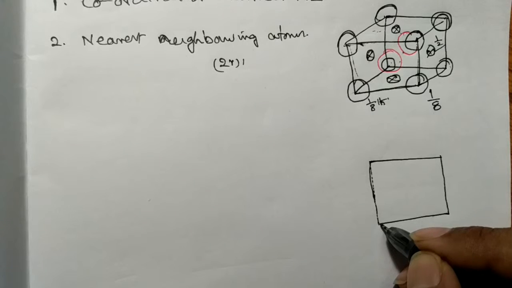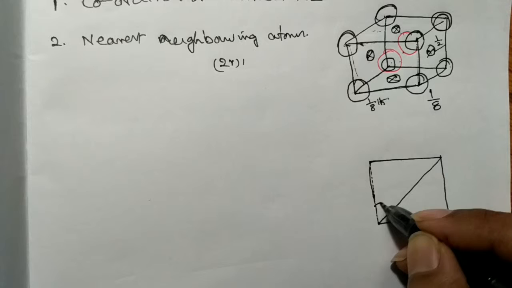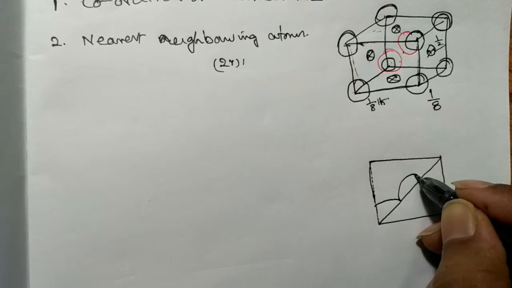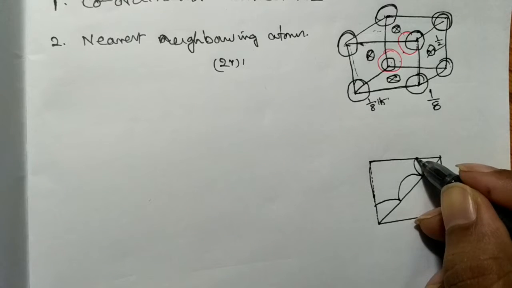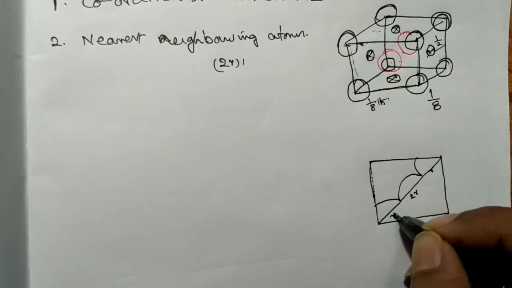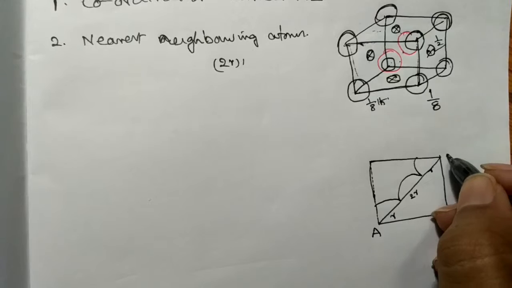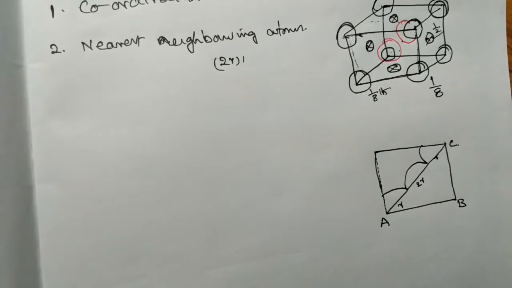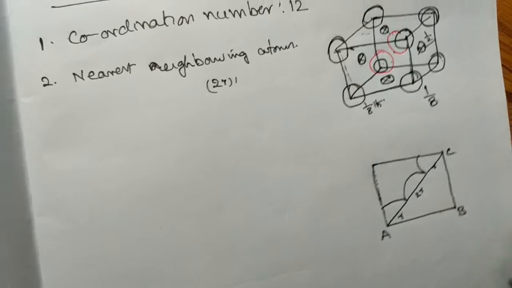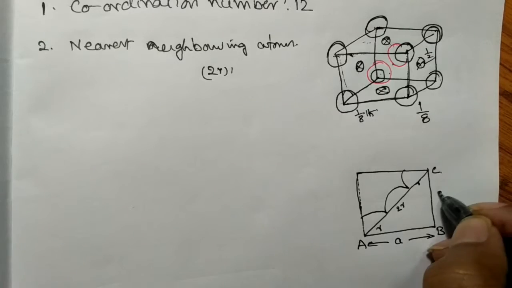Here I consider one face of the crystal. This is the edge, this is the center of the face, and this is at the edge. This is 2R, this is R, and this is R. Give names: this is A, B, C. These are the crystal edges.